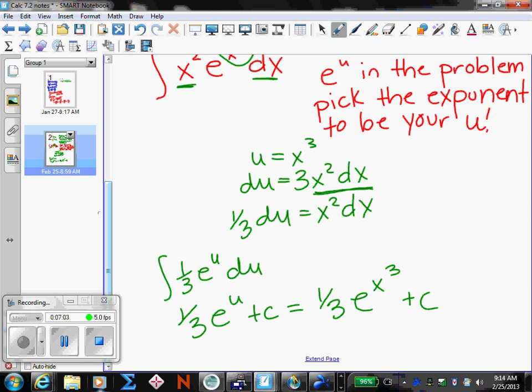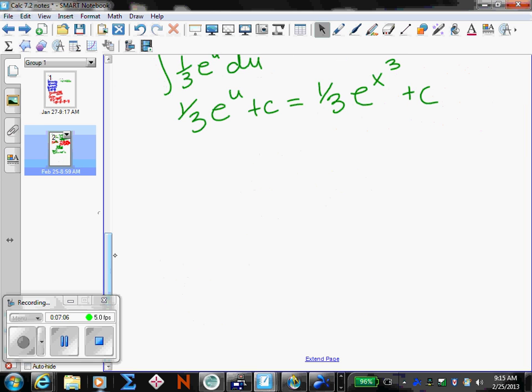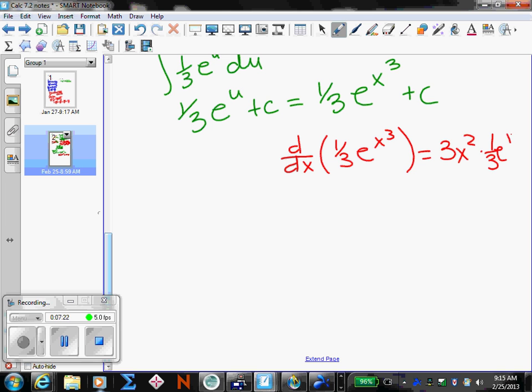If I want to check my answer by taking the derivative of this, the derivative of 1/3 e to the x cubed is 3x squared times 1/3 e to the x cubed. So the 3's cancel out. I get x squared e to the x cubed, and that is what my problem was in the beginning, so I have integrated correctly.